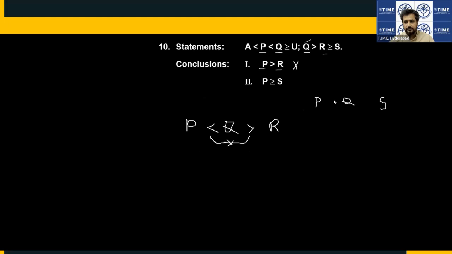P is less than Q. Q and S: greater than and greater than or equal to leads to greater than. So Q greater than S. Again, between P and S, we have opposite signs, so we cannot establish any new relation. So the P and S relationship does not follow. So neither 1 nor 2 follows. It is choice 4.